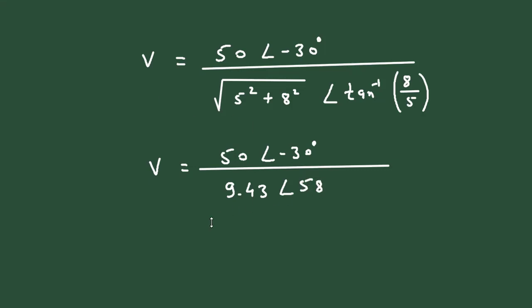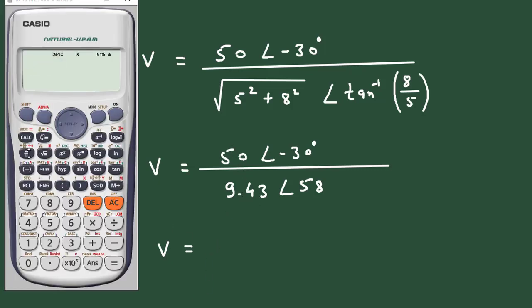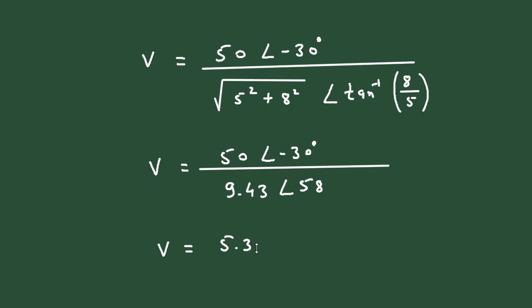So 58. Now V is equal to 50 divided by 9.43. So it is 5.30 at an angle. Now this will be minus 30 and this will be minus 58 degree.